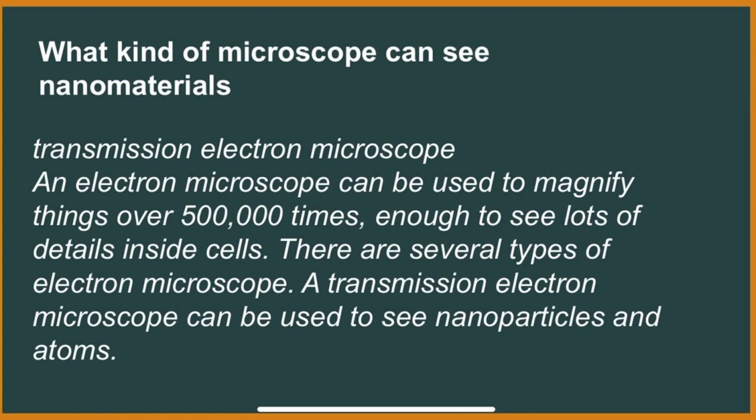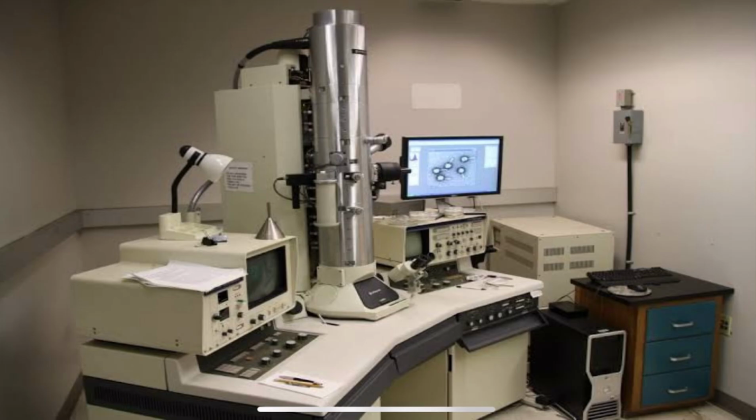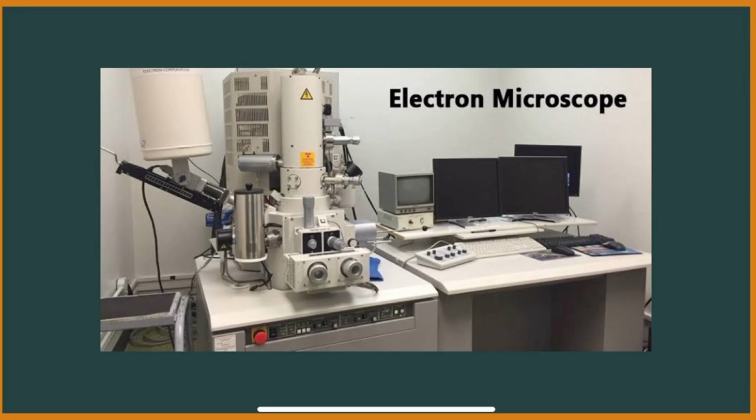So itong transmission electron microscope daw ginagamit para makita ang isang nanoparticles and atoms. So etong transmission electron microscope can be used to magnify things over 500 times, enough to see lots of details inside the cells. So ito po yung example ng transmission electron microscope.